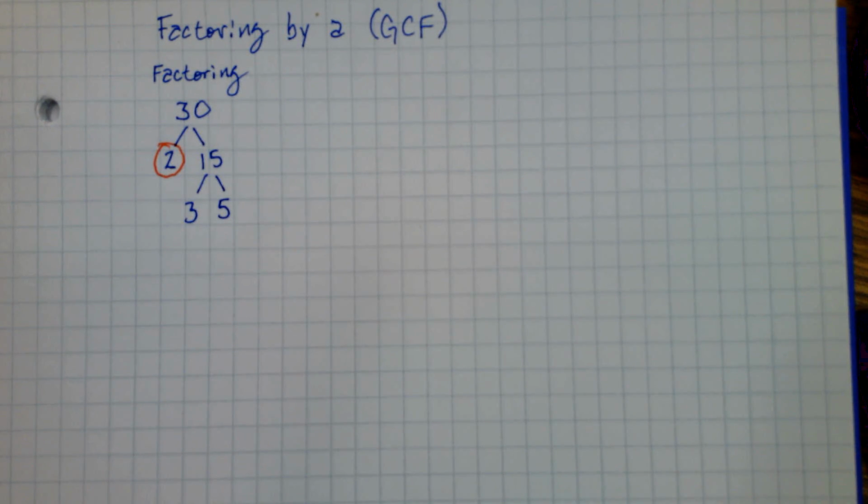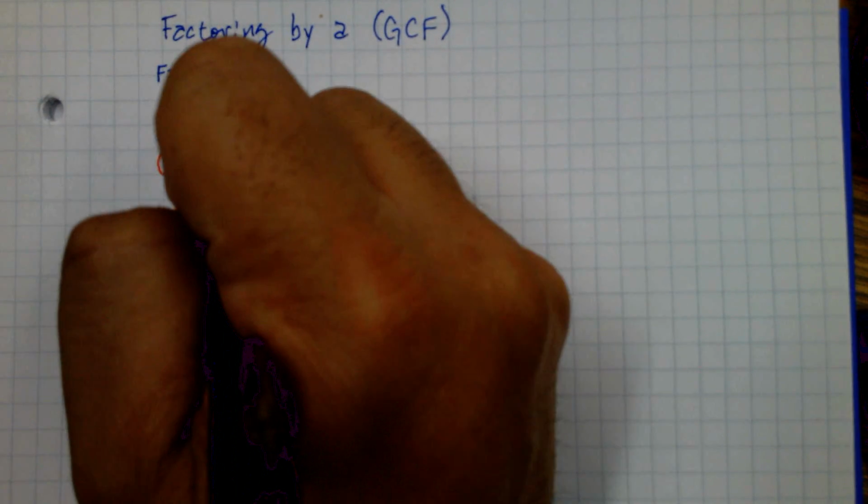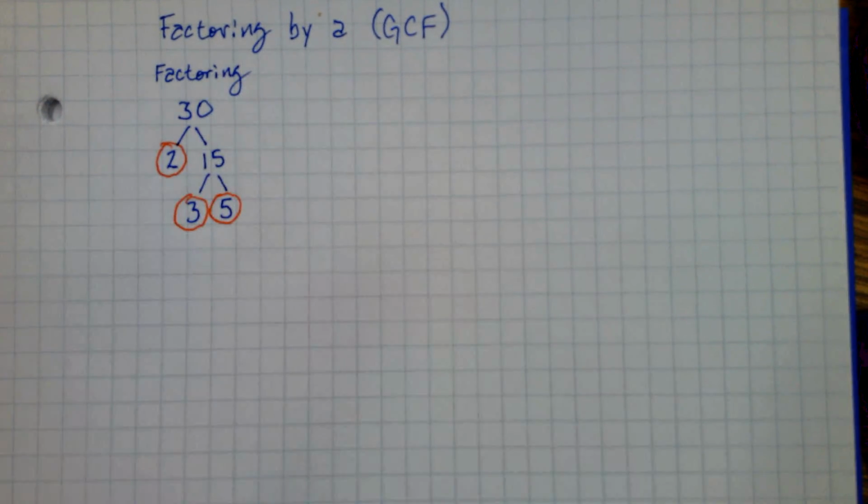And 3 is prime and 5 is prime. And usually I just circle those. And that's it. I'm done. So if I wanted to write it as its prime factorization, it's 2 times 3 times 5.